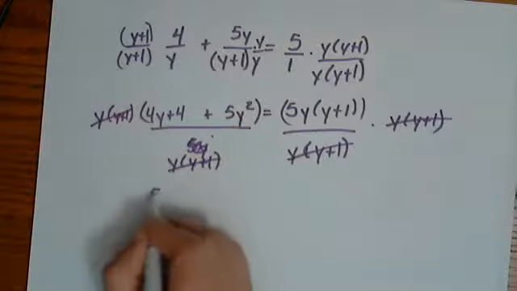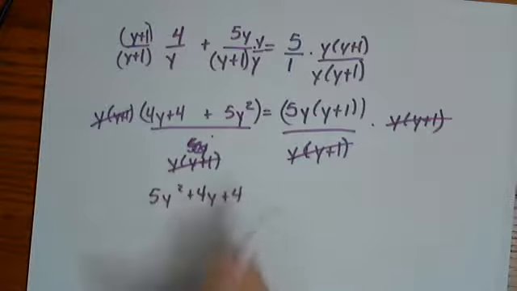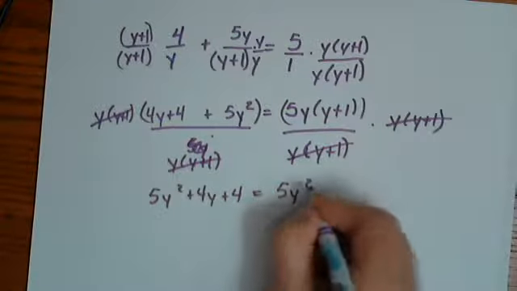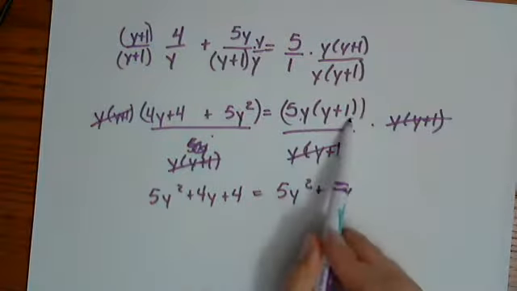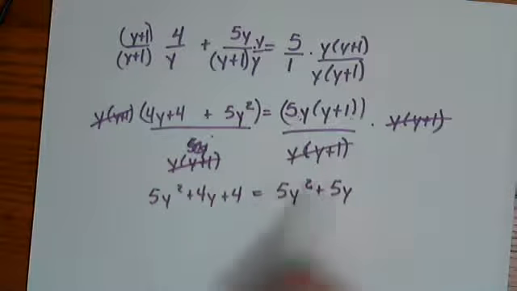That means now I have a 5y squared plus 4y plus 4. I just rewrote this one with the 5y squared first. And here I'm going to multiply this to be 5y squared plus 5y. Just distributed that through. Didn't have to FOIL because there's not a plus sign on this one. So I've got a 5y squared here and a 5y squared there.